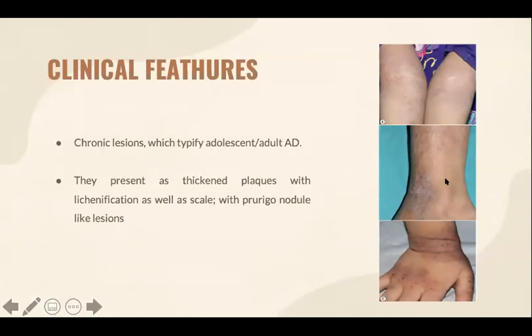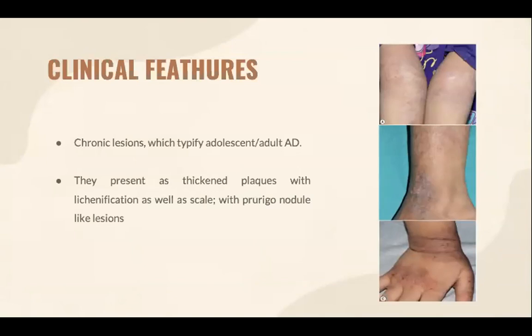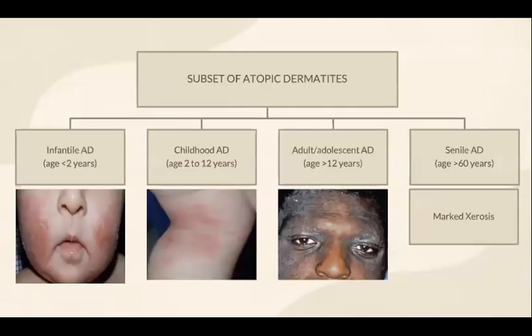It's usually due to chronic scratching and rubbing of the skin. And in the third picture here, we have thick eczematous plaque with exaggeration on the dorsal hand and wrist. So what we have passed is the acute, subacute, and the chronic clinical features of atopic dermatitis.